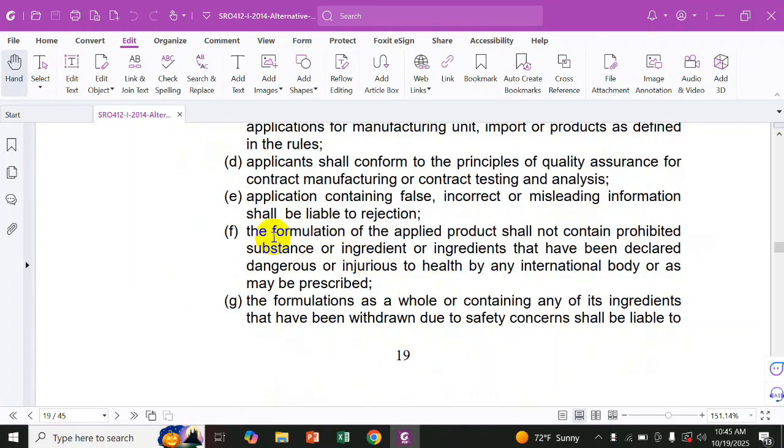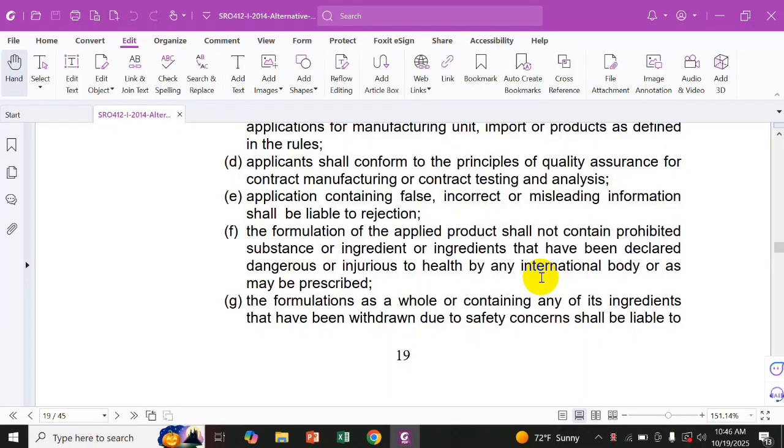Next is F point. The formulation of applied product shall not contain prohibited substance or ingredient that have been declared dangerous or injurious to health. There are a lot of chemicals which are okay at one time, and when it comes in the research process and there is evidence that the chemical or the raw material is injurious to health, the regulatory authorities strictly prohibit this chemical.